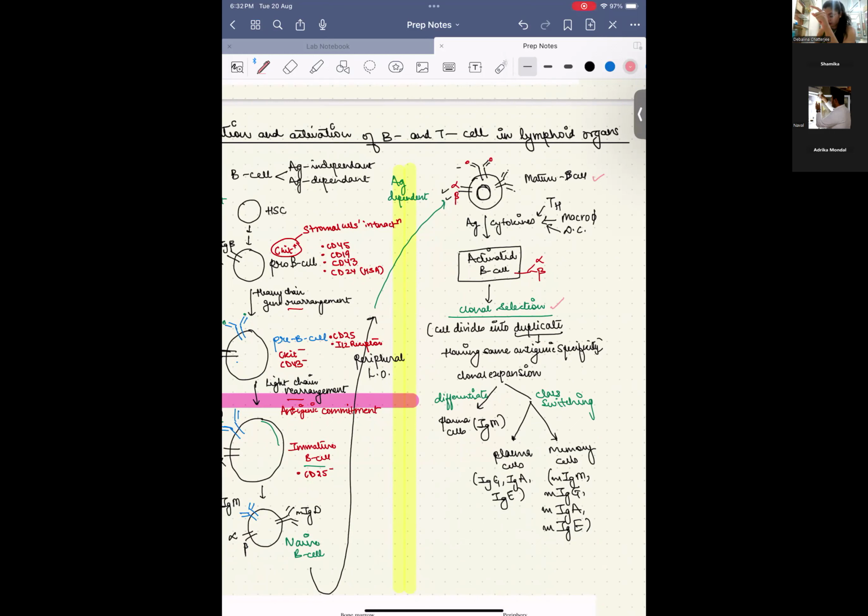So far, the cell was maintained in an arrested G naught phase, from when it came into the peripheral organ until the time it encounters its respective antigen. It is in a dormant G naught, a resting phase. Activation essentially overlaps with clonal proliferation, and for the cell to undergo proliferation, it needs to divide.